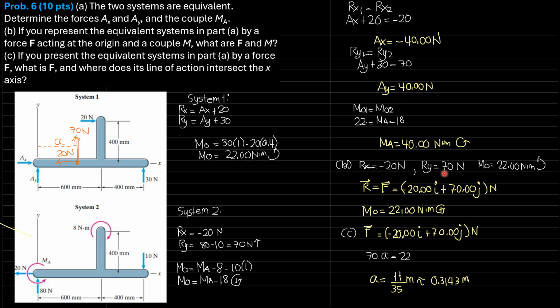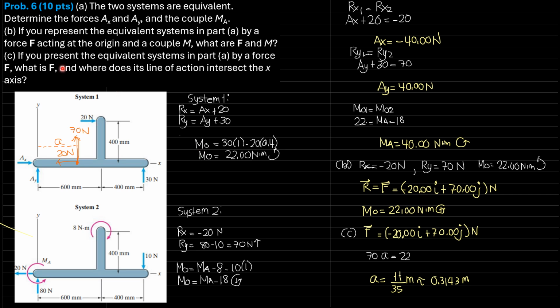And Ry is 70, also from system 2, which are the same in system 1. Therefore, the resultant force, or F in vector form, is equal to negative 20i plus 70j newtons. And the couple is 22 newton meter counterclockwise about the origin.